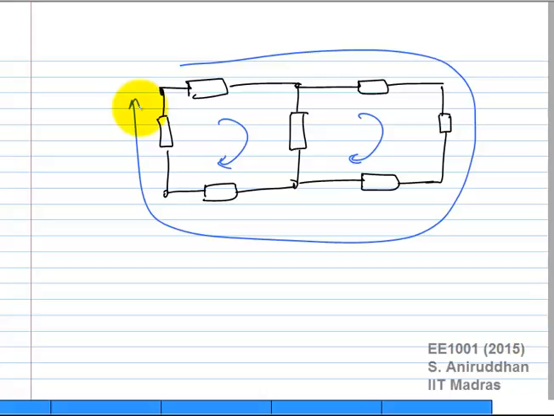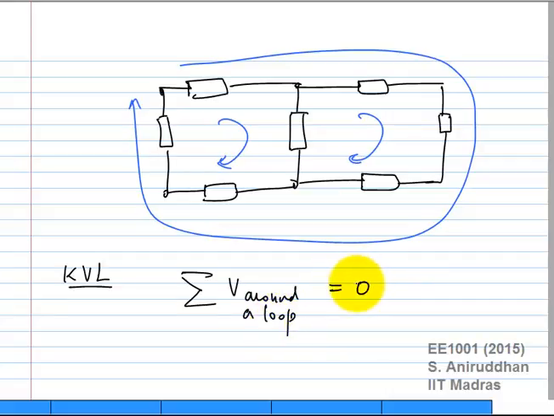So now that we know what a node is and what a loop is, we can now come to the formal definition of Kirchhoff's laws. Now Kirchhoff's voltage law says when you go around a loop, the sum of the voltages around the loop is 0. And that has to be the case, right?